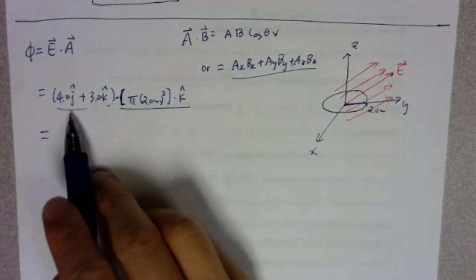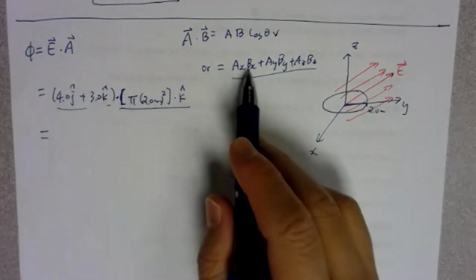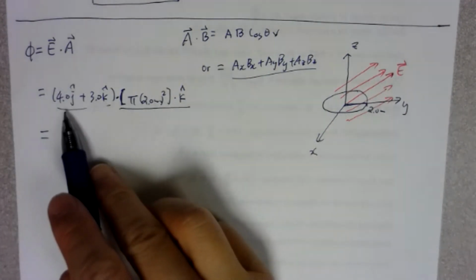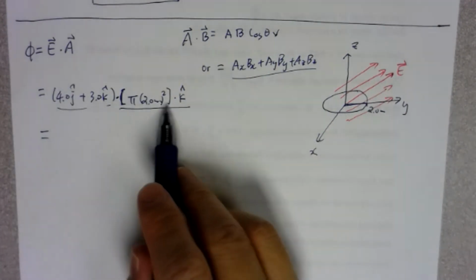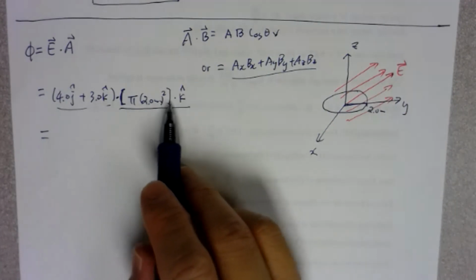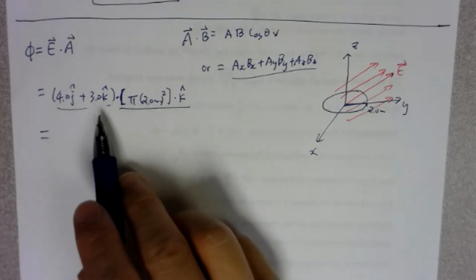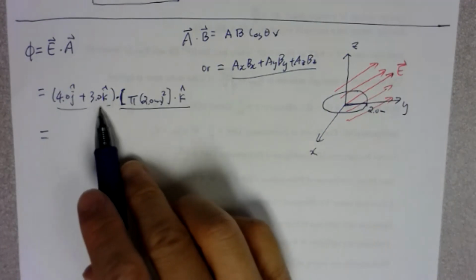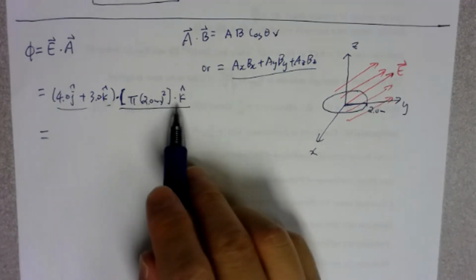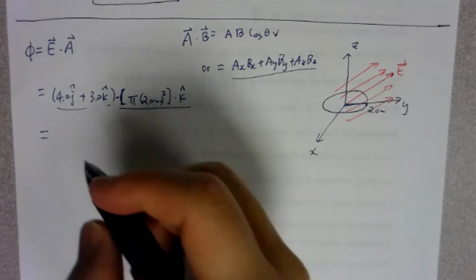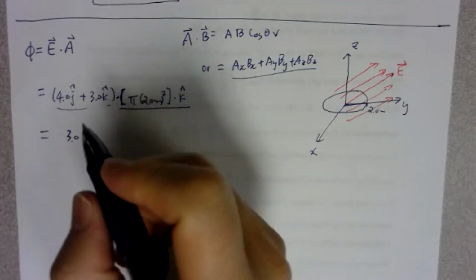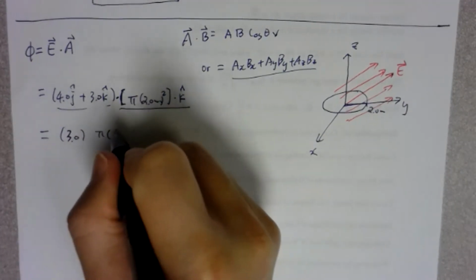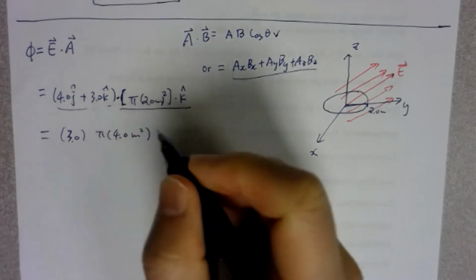So AX is 0, all right? So then that term is 0. AY is 4, but BY is 0 because B vector is only in the Z direction, okay? So that's also 0. So then you'll just have to care about Z direction of A times Z direction of B. So then it'll be 3.0 times pi times 4.0 meters squared, okay?